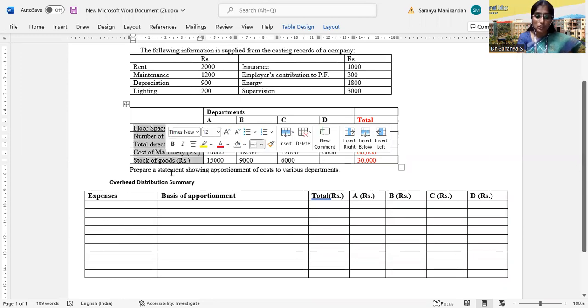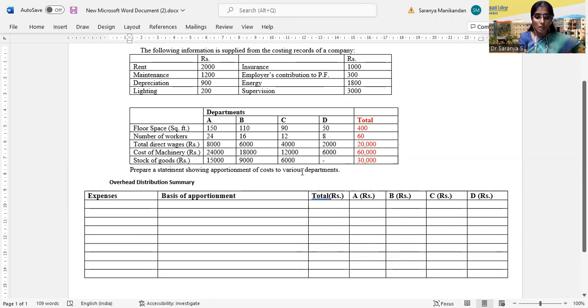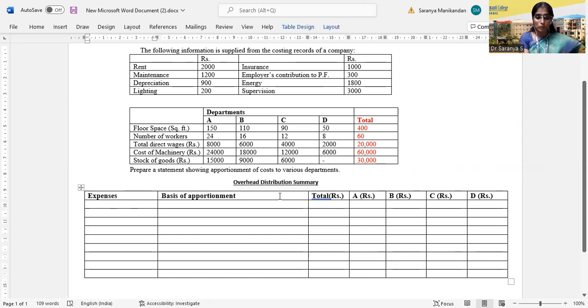We need to prepare a statement showing the apportionment of cost to various departments. So we need to distribute the indirect expenses, correct? We have written the heading overhead distribution summary, and the columns are ready: expenses, basis of apportionment, total, and the 4 departments A, B, C, D. Everything should be in rupees.